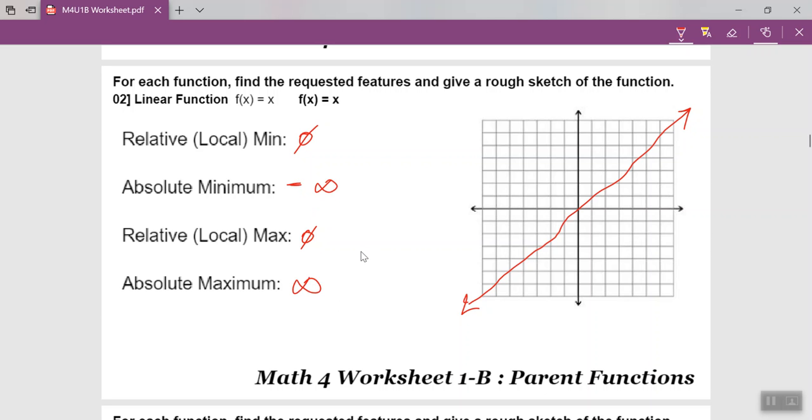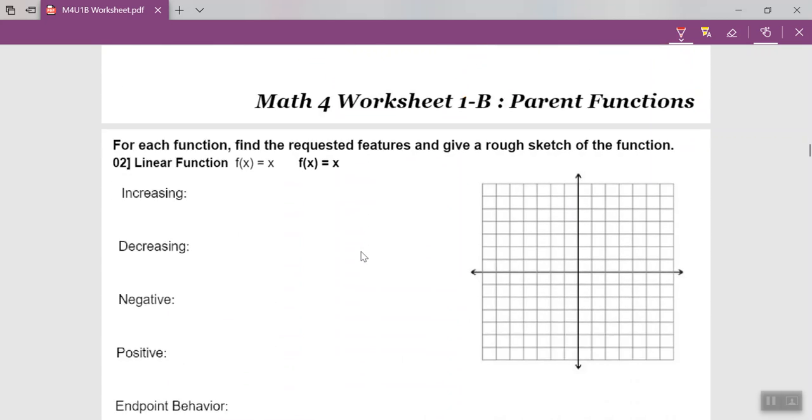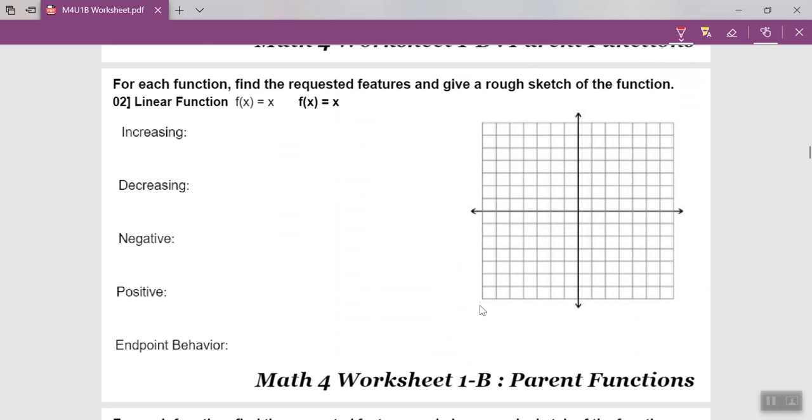And there's no place along the way that it stops for a bump or valley. So there's not really any local maxes or mins. Now, looking at increasing and decreasing, it is all about the increase. So it's going to be increasing from where x is negative infinity to positive infinity. There is no decreasing.